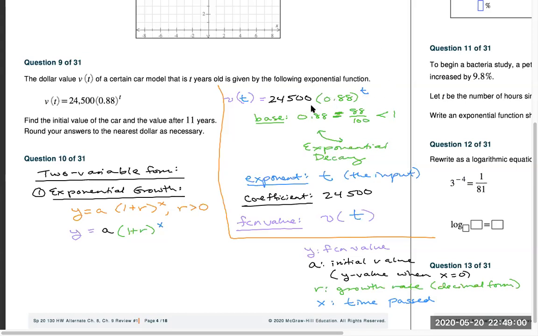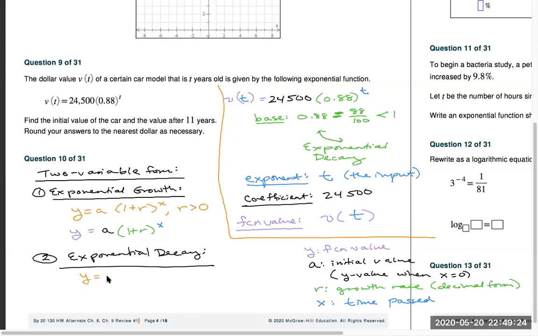Okay, so let me go into decay first, since that's the type of example we have here. So for exponential decay, we're going to have something very similar, but with some mild differences.